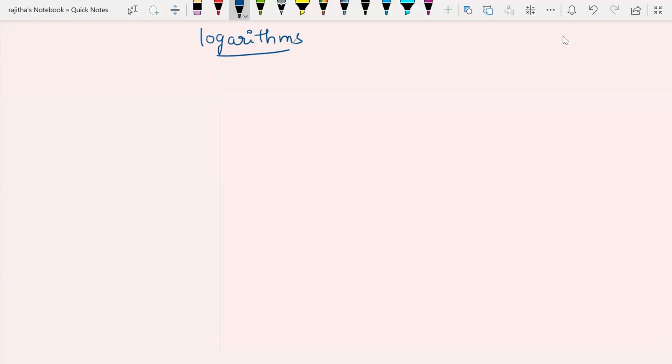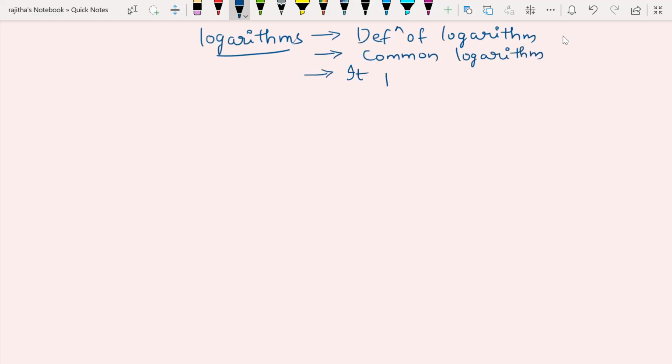What are the properties of logarithms? And lastly, what is the characteristic and what is the mantissa? Okay, first of all, what is the definition of a logarithm?